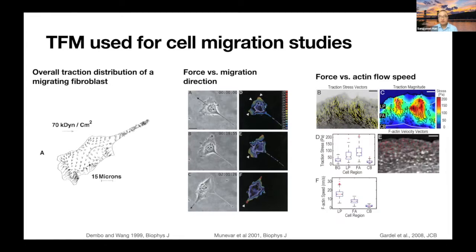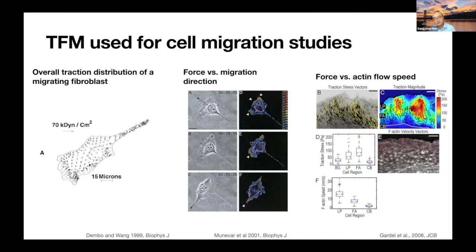This force has also been studied with actin flow. The traction was measured at high resolution using very dense beads. They looked at the front of the cell, called the lamellipodia, and behind it a very focal adhesion dense region called the focal adhesion region, and behind that, the cell body region.